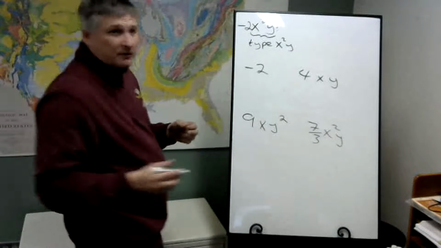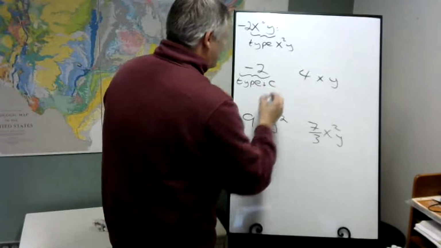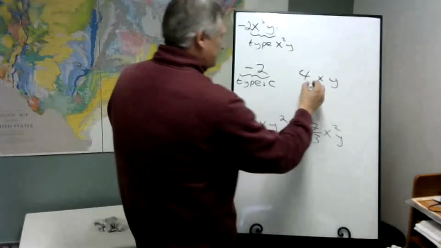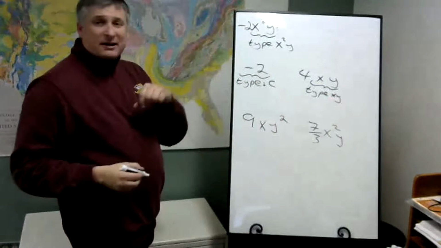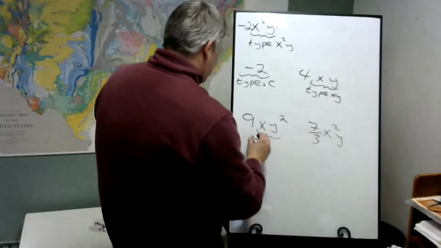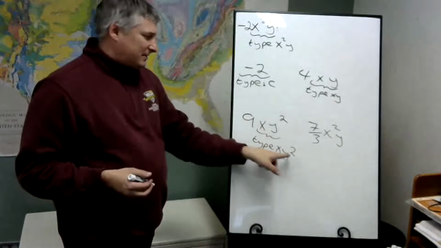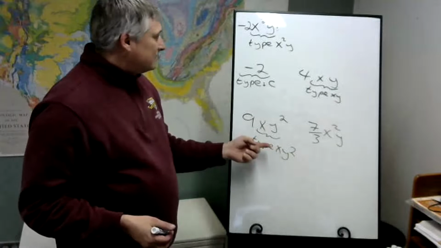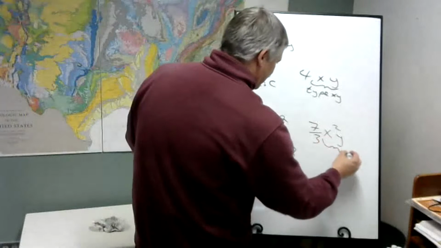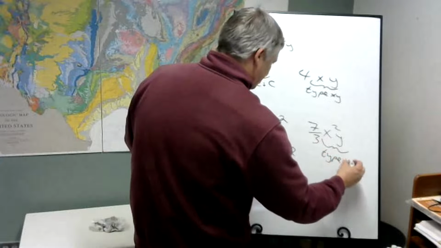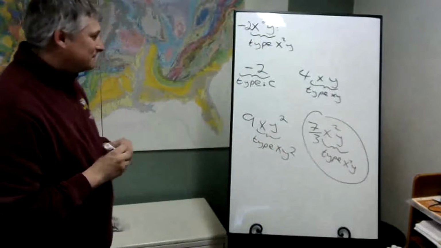There is no variable part. So I'm going to put type C for constant. This is a type XY. Again, it's not x squared y. Type XY squared, I mean, it seems close, but the 2's in the wrong place. It needs to be on the x and not the y, because we have an x squared y. But this one, we've got it. Type x squared y, type x squared y.